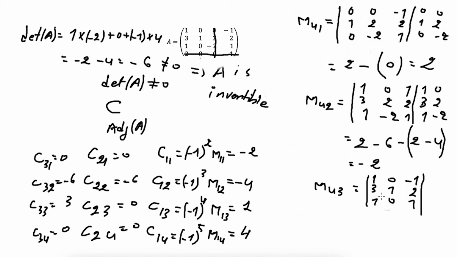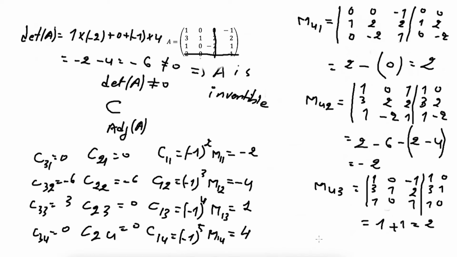So we need to write these two columns here, 1, 3, 1, 0, 1, 0. This will be equal to, product of this element is 1, and these are 0 and these are 0, so minus here minus 1 times 1, and here is 0 because here 0 and these are 0 also, so minus 1, this will be minus 1 minus here, so it will be plus 1, which is equal to 2.